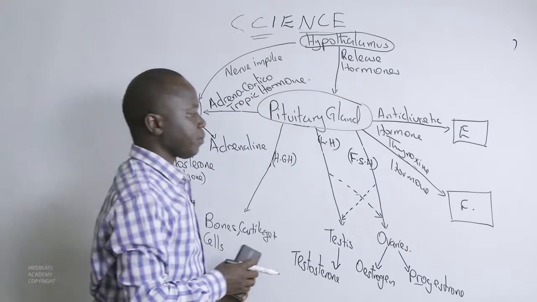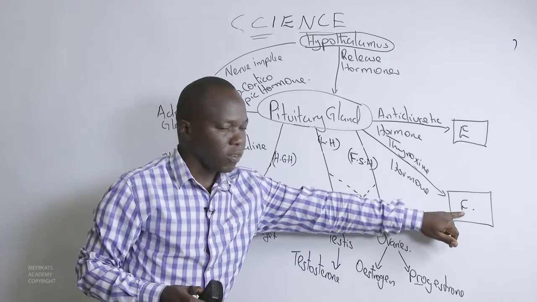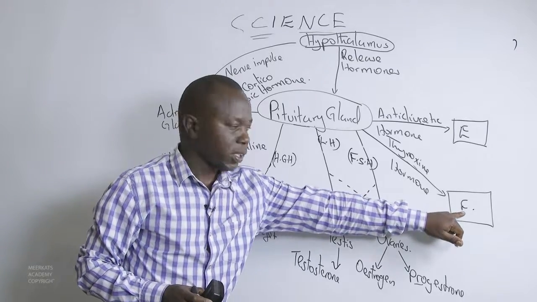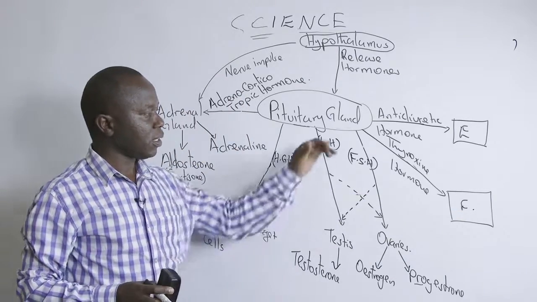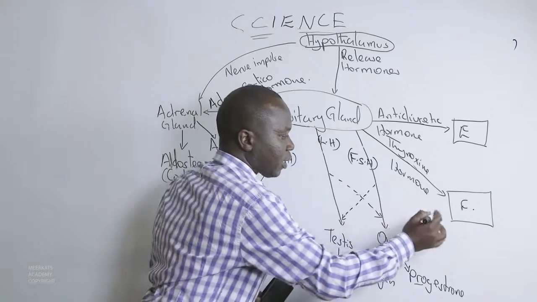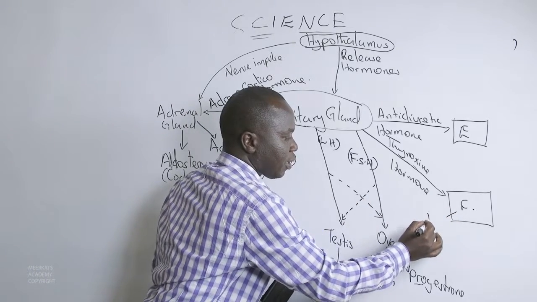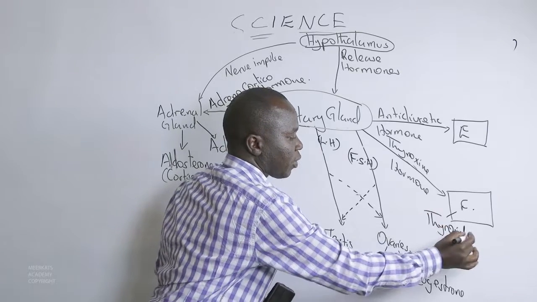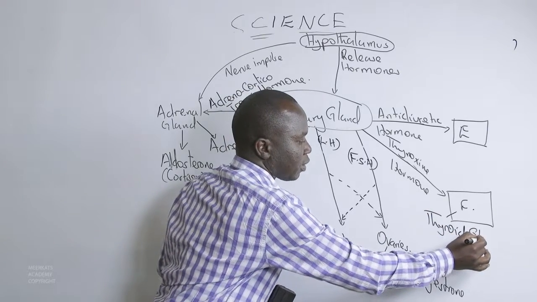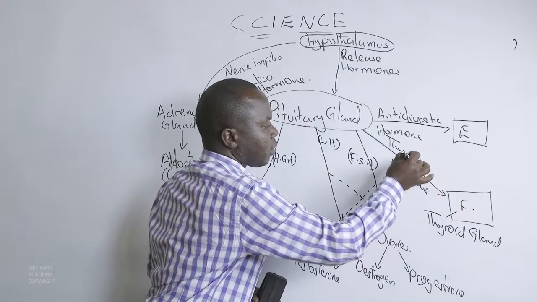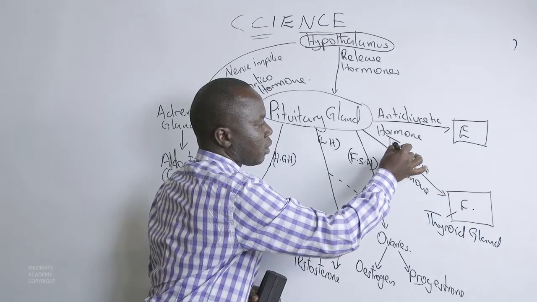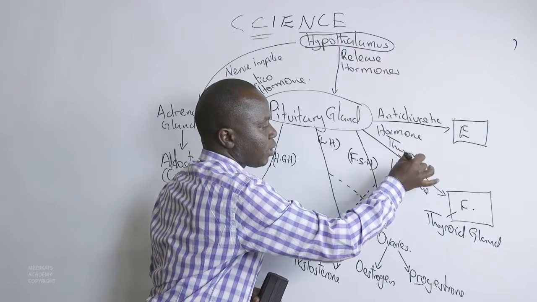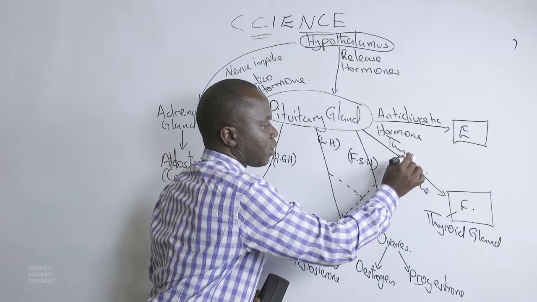Thyroxine hormone has an influence on a structure F, which is the gland. That gland, we give it a name, thyroid gland. It is thyroid stimulating hormone, not thyroxine.